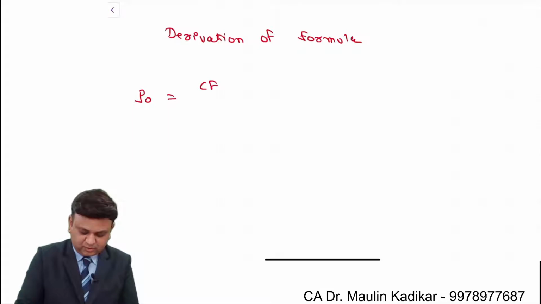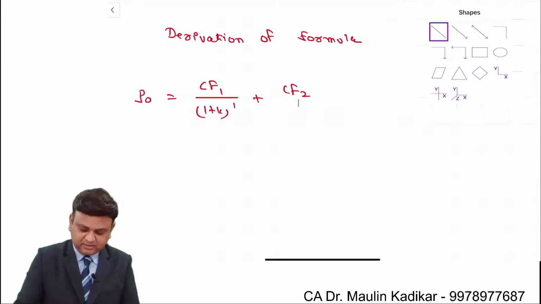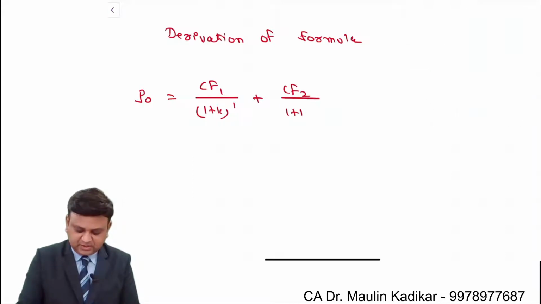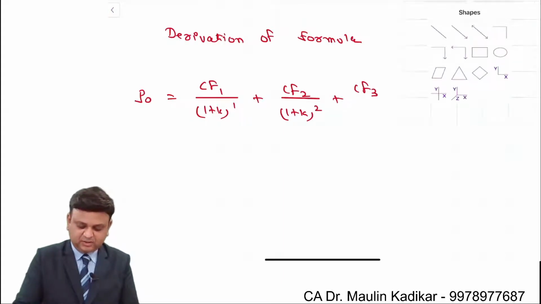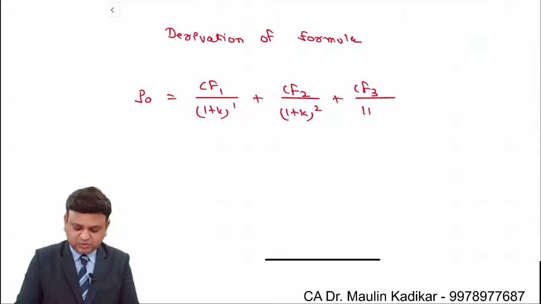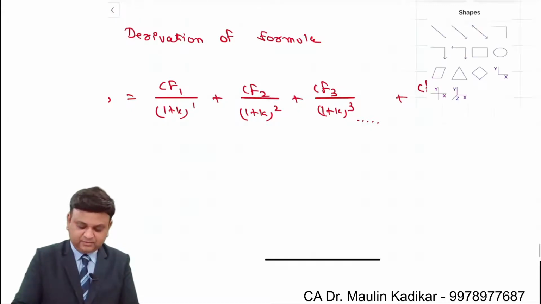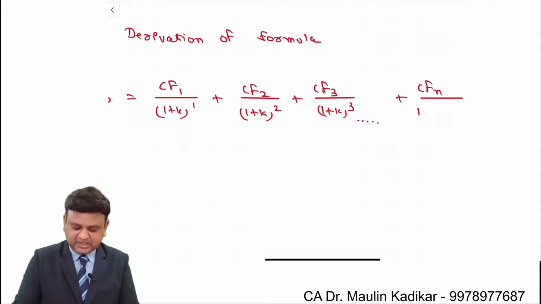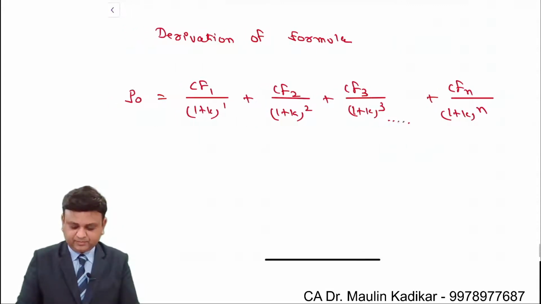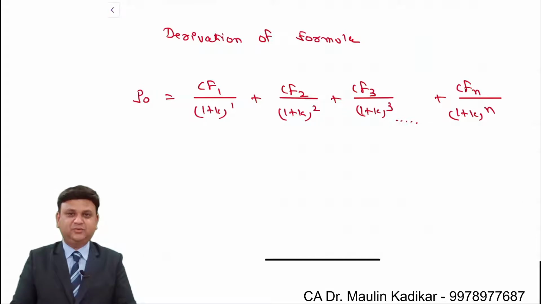P0 is equal to cash flow for the first year divided by 1 plus k raised to 1, cash flow for the second year divided by 1 plus k raised to 2, cash flow for the third year divided by 1 plus k raised to 3, and so on. So it is cash flow for the nth year divided by 1 plus k raised to n. This is the way the price of the security is calculated.